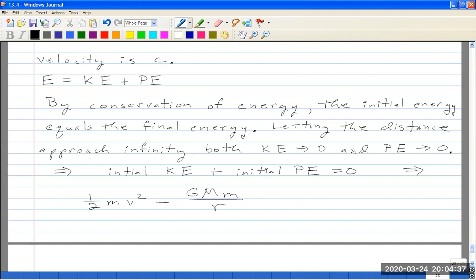Okay, so let's say that that's zero. Little m is your mass, and big M is the mass of your black hole. So the m's cancel. Let's multiply by 2r, just to make everything look a little nicer. So the 2's cancel, so you get an r.